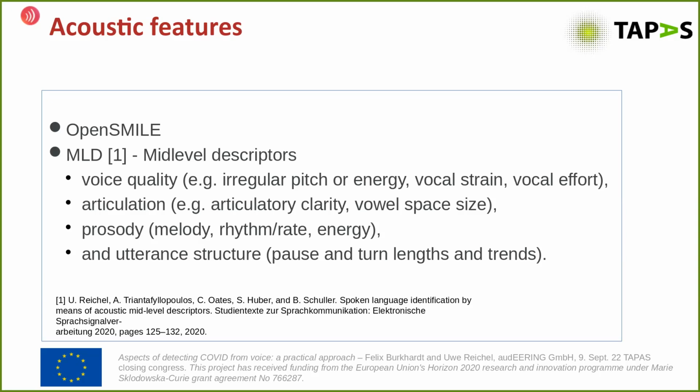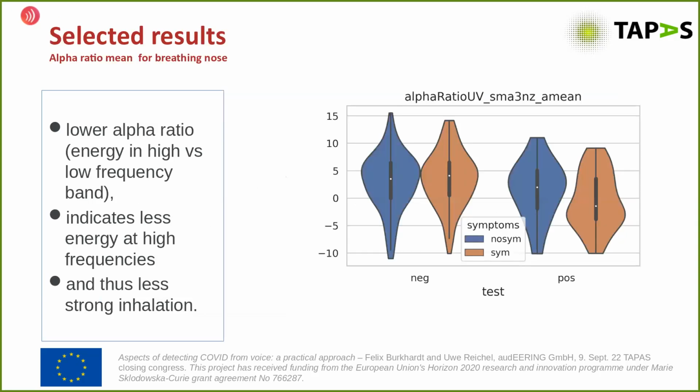All right, so I would like to show you some select cherry-picked results. I hope you can still hear me. It says my internet connection is unstable. But okay, I continue. So this is one example. You already see 4 bars, negative COVID and positive COVID, and then with symptoms or without.